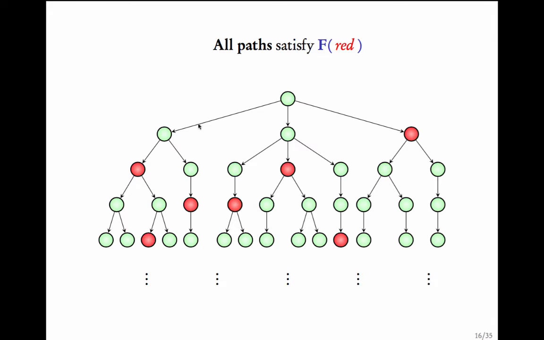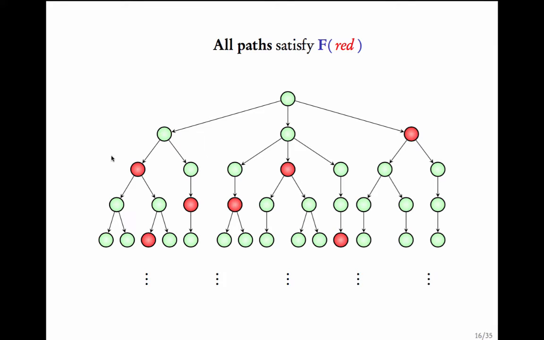Similarly, look at this path. Any path after this will satisfy F red. Similarly, any continuation after this will satisfy F red. And since here there is already a red, any path obtained by continuing this will satisfy F red.